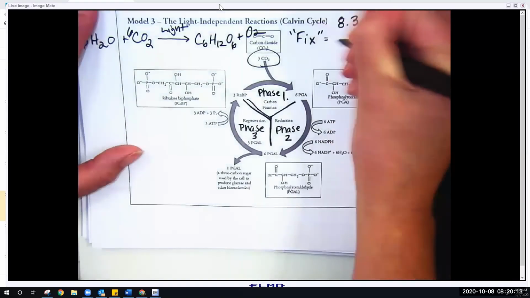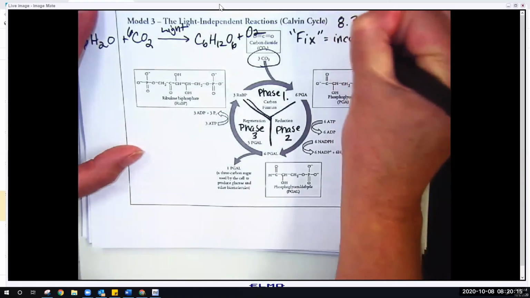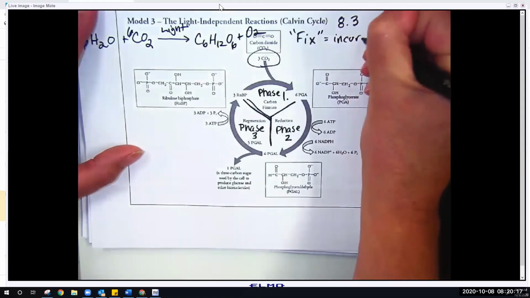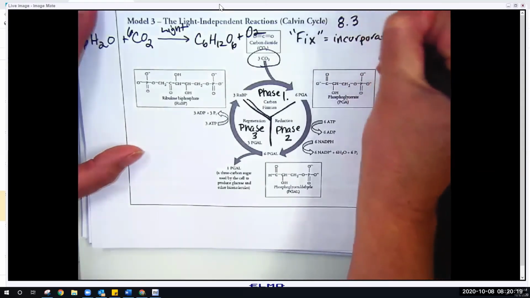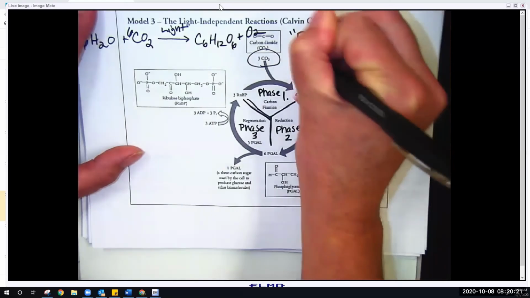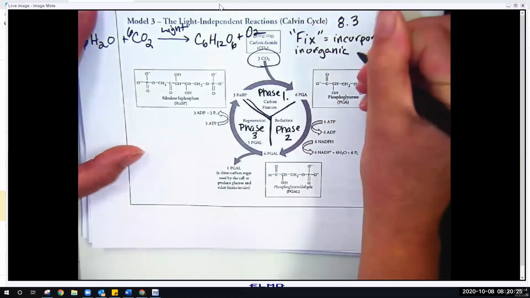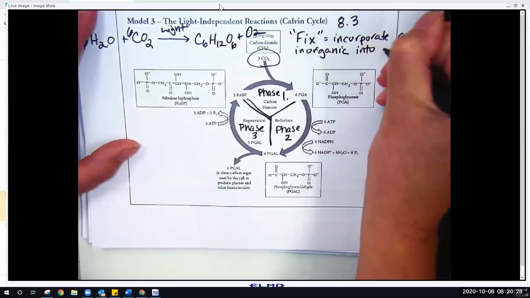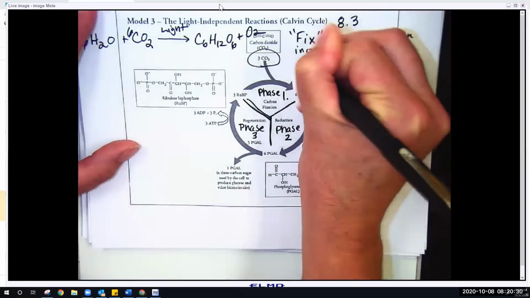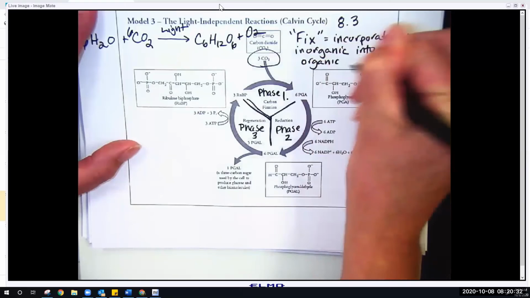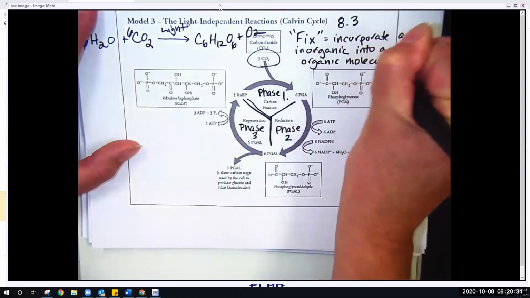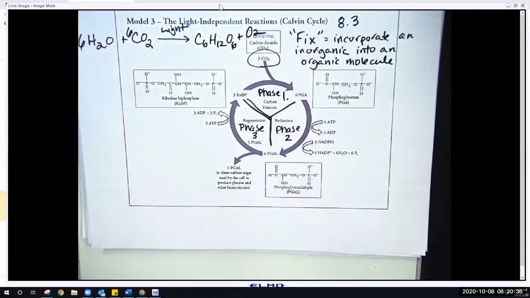When something is fixed, that means that we incorporate an inorganic molecule into an organic molecule. Organic molecules are molecules that are composed of carbon.